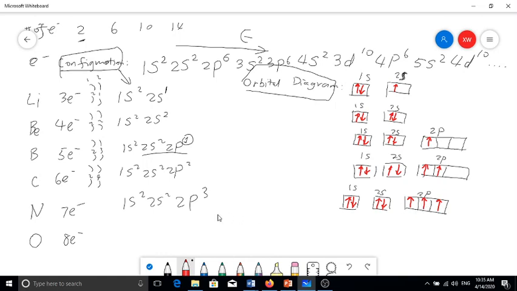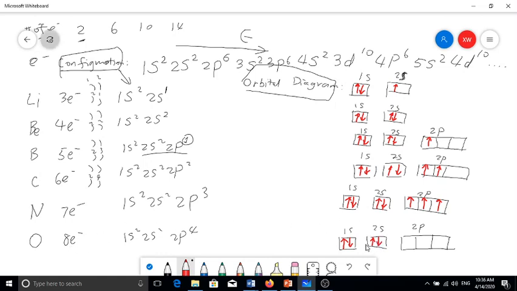Okay, so let's take a look at oxygen. Oxygen has 1 more electron than nitrogen, so everything is pretty much the same: 1s2, 2s2, 2p4. Keep in mind that p holds up to 6 electrons. Now the orbital diagram: 1s, 2s, 2p. 1s2, 2s2.